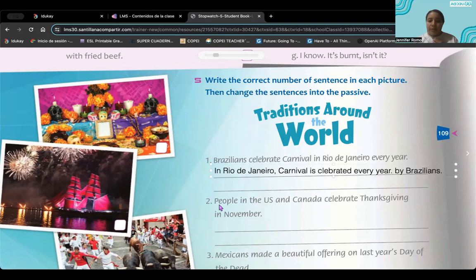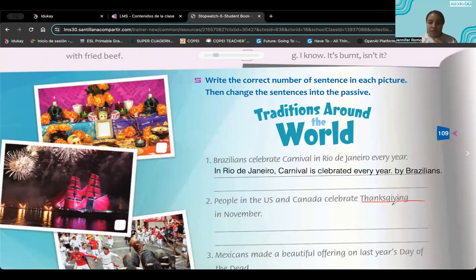Por ejemplo, people in the US and Canada celebrate Thanksgiving in November. For me, here, the new subject is gonna be Thanksgiving. Aquí, las personas en Estados Unidos y Canadá celebran Thanksgiving. ¿Qué es celebrado por la gente en Estados Unidos y Canadá? Thanksgiving. So, este es su nuevo sujeto.